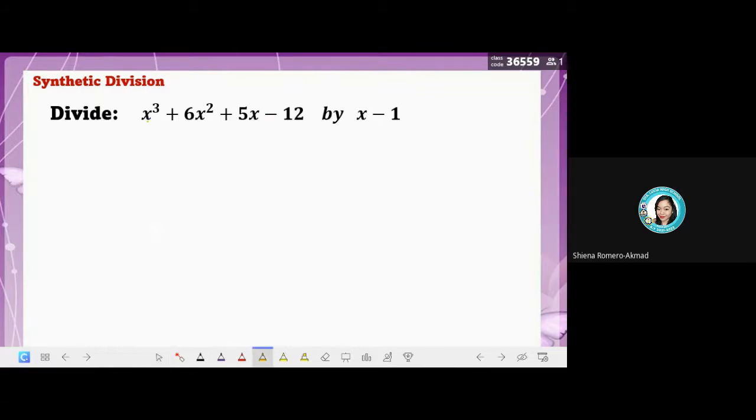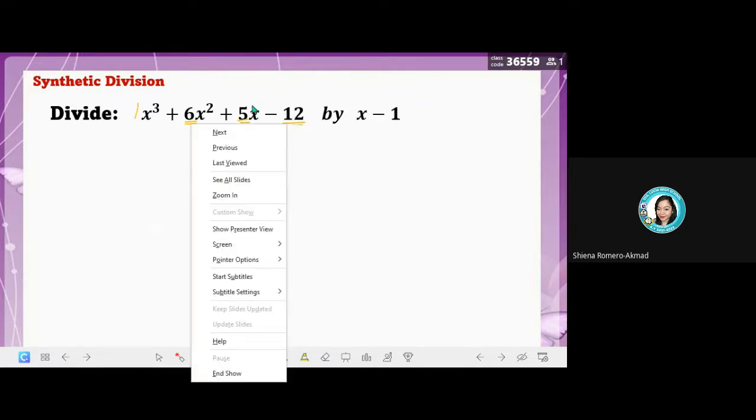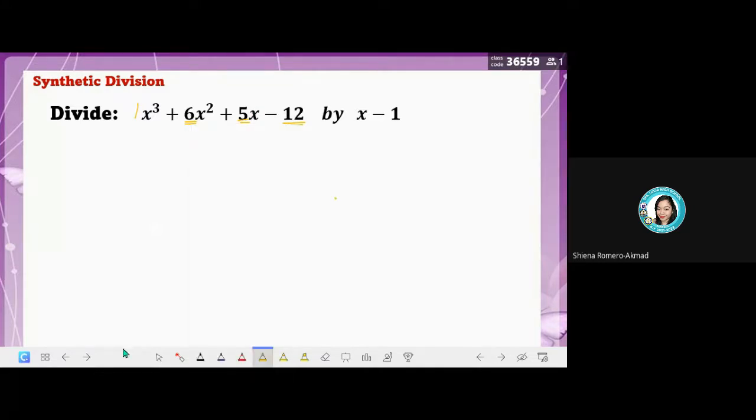So, ito, ang numerical coefficient nito is 1. Ito naman ay 6. Ito ay positive 5. Ito ay negative 12. So, magiging ganito po yung solution niyan. Yan, susulat natin yung mga numerical coefficients.